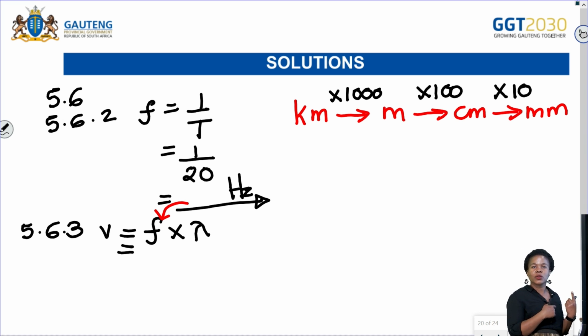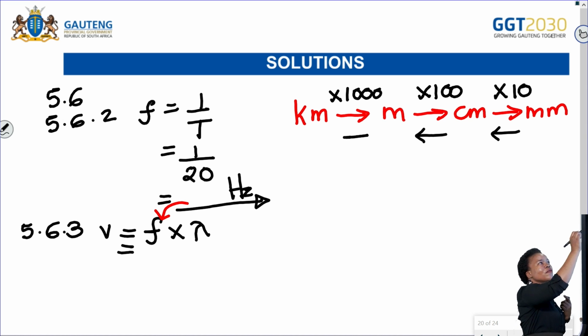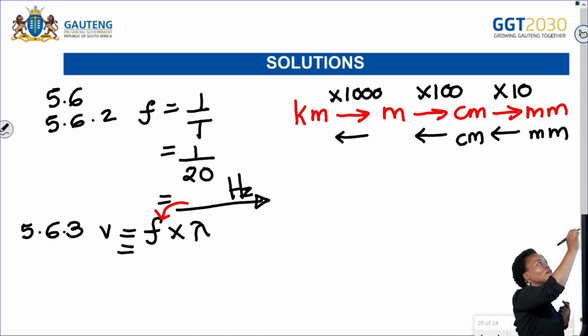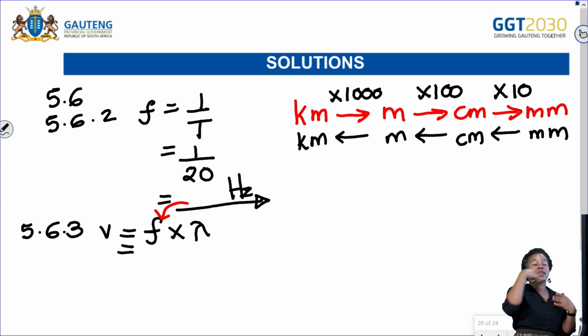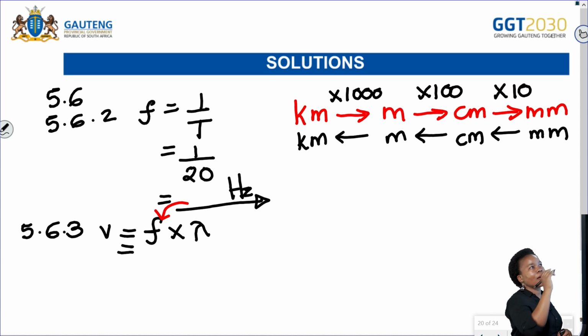Therefore, when the arrows go to the other direction, you say, okay, now I am moving from millimeter. Here is your centimeter over here. Here's your meter. I'm just writing it exactly as it is appearing at the top. Same factor, but now I'm dividing.